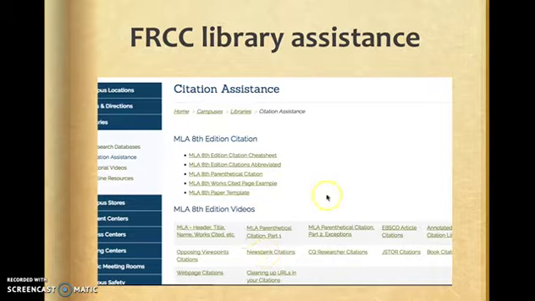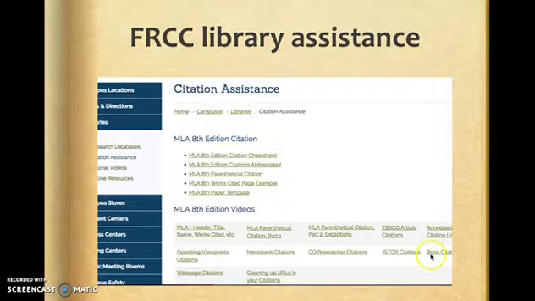And then there's some great videos down here by librarian Jeff Wall that you should look at some of them. If you really need a good introduction to how to document inside your text, these parenthetical citation ones are good. This EBSCO article citations is a good one to review how to cite something from a library database.